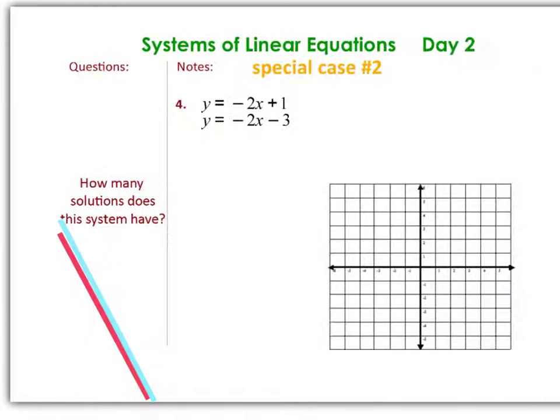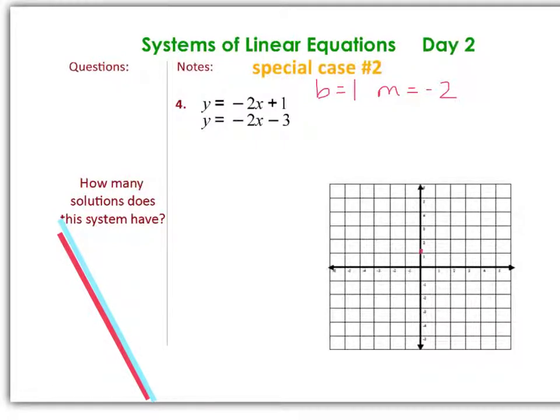Well, let's take a look at special case number 2. Special case number 2 is this one. y equals -2x plus 1. Well, if I graph that, my b is 1 and my m, or my slope, is -2.